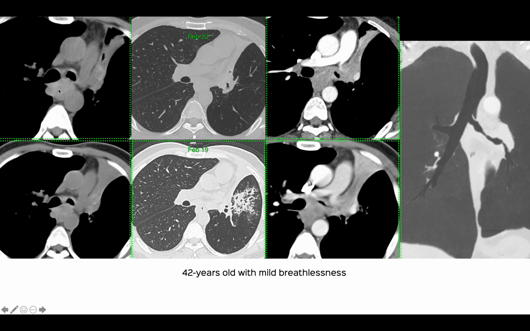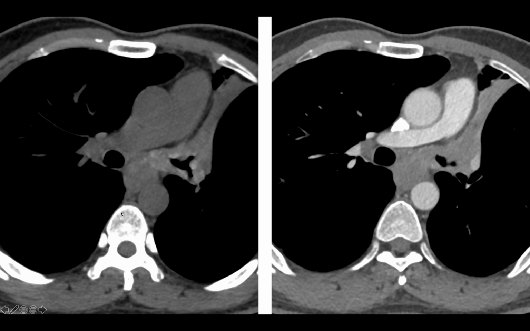The subcarinal node is a little hyperdense as well, so there's arterial involvement, the left pulmonary artery, and the left superior pulmonary vein. But again, when we MIP these images, you can see the diffuse calcification of the soft tissue that is producing the bronchial and the vascular narrowing.